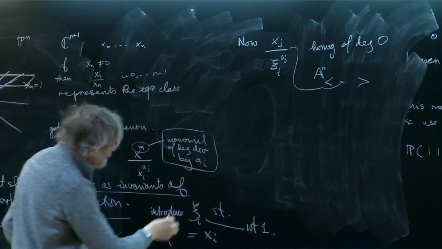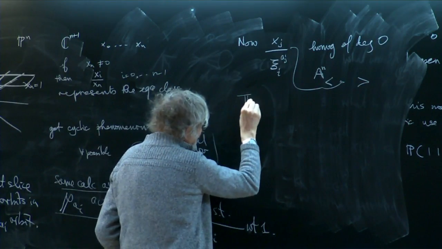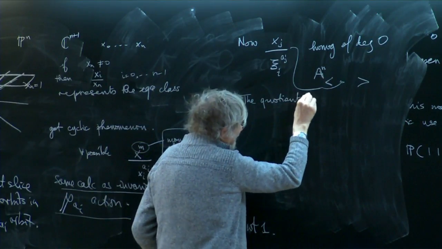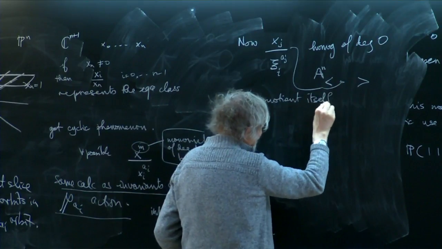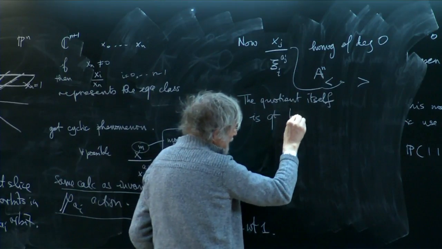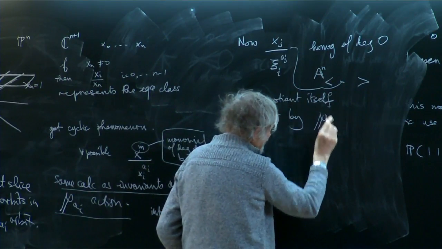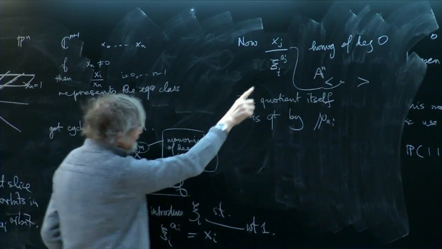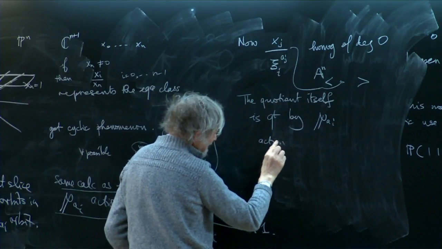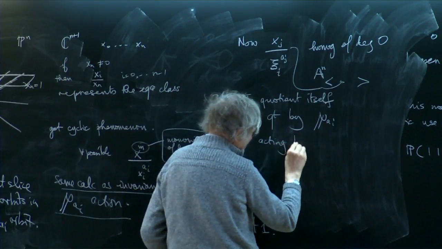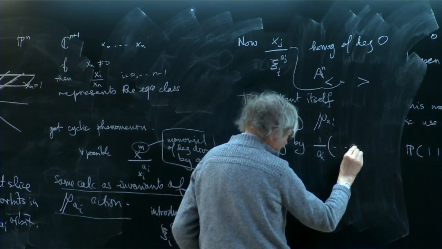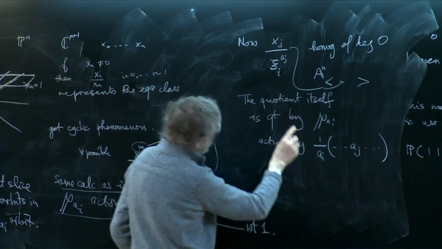Yes? And now the quotient itself, the ring of invariants itself, is now a quotient by mu ai, acting on this thing here by 1 over ai, aj. Right, so it acts here.